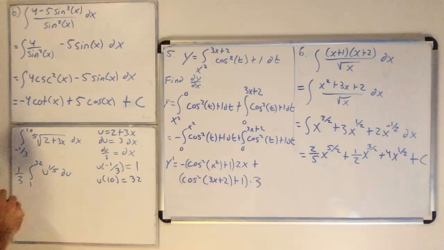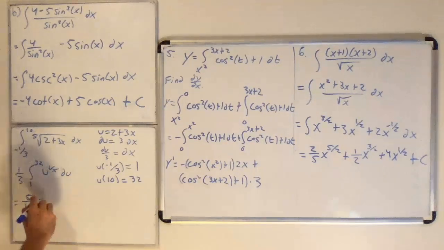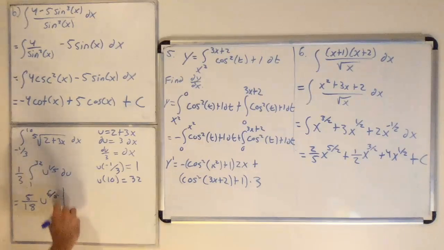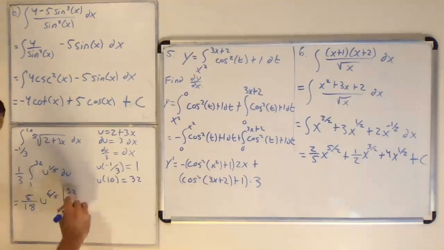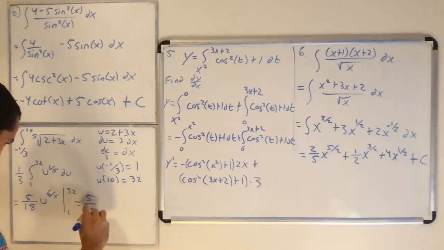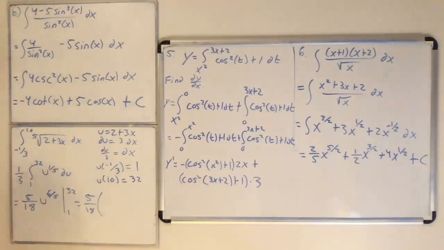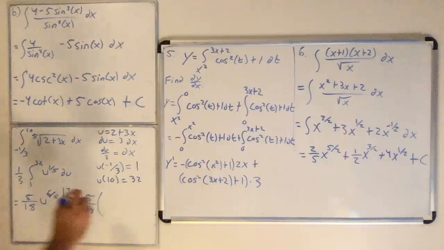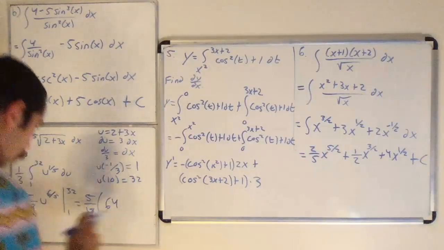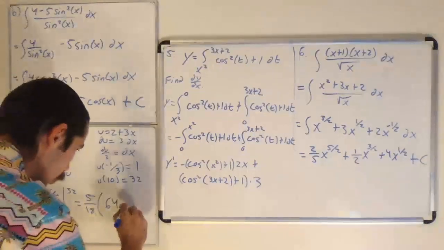Okay, and so that's equal to 5/18, increase the power by 1, divide by the new power, u to the 6/5, evaluated at 1 and 32. 32 to the 6/5, well, 32 to the 1/5 is 2, 2 to the 6th is 64. 1 to any power is 1.